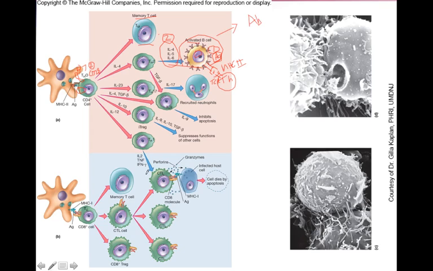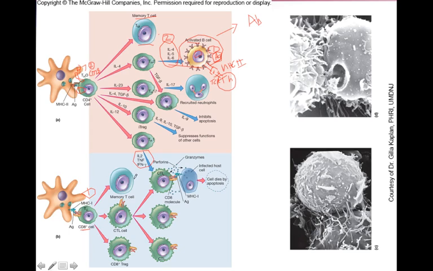The other thing that they can do is make cytokines that are needed to activate the cytotoxic T cell. So cytotoxic T cells need 2 signals. They need one signal from recognizing antigen, and they recognize through a T cell receptor with CD8. CD8 recognizes MHC class 1, and they recognize a specific antigen.